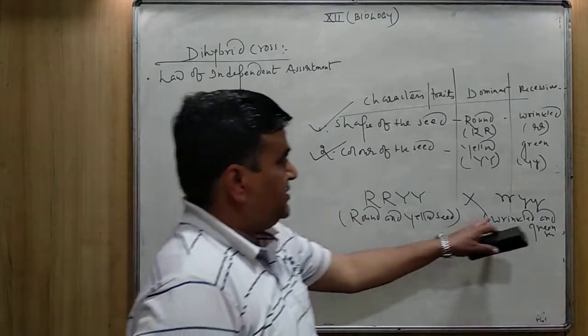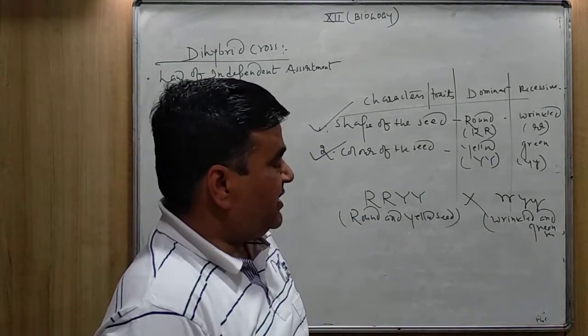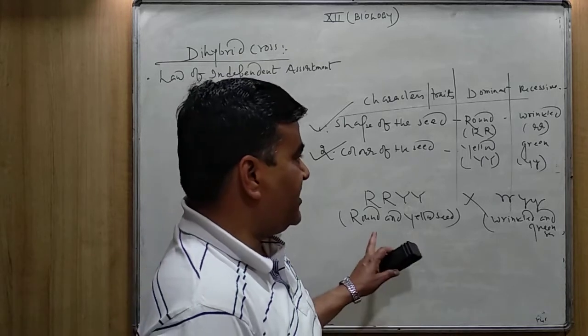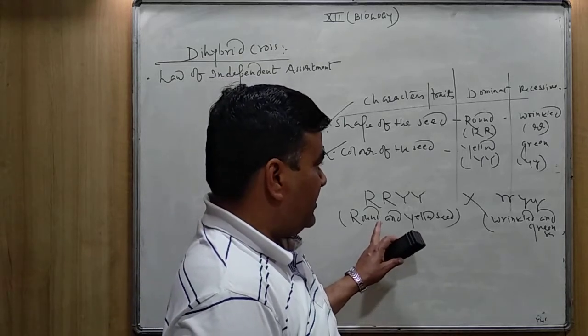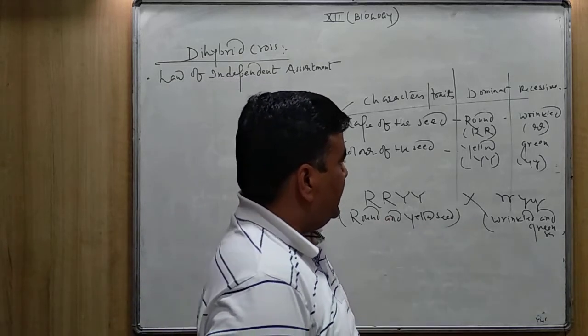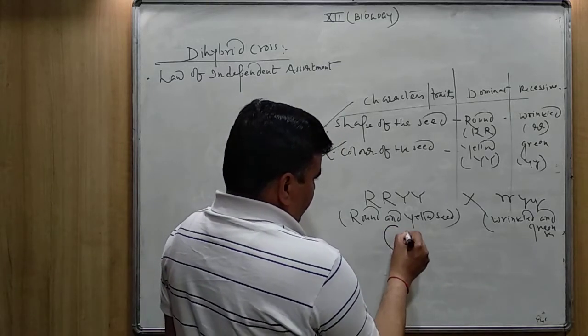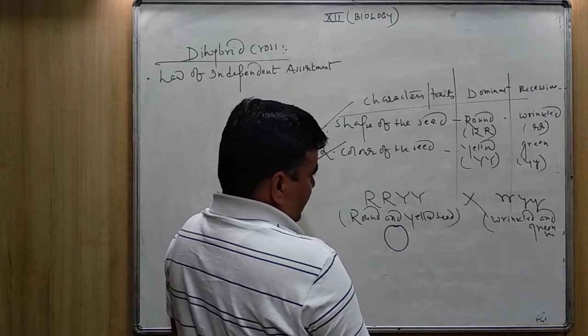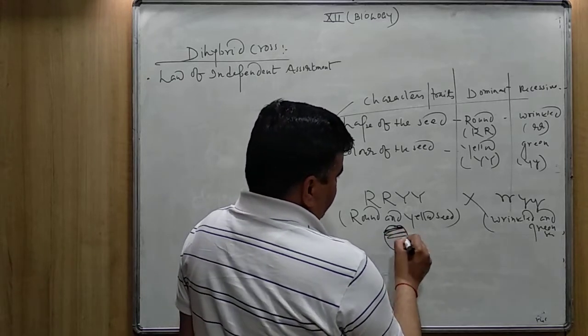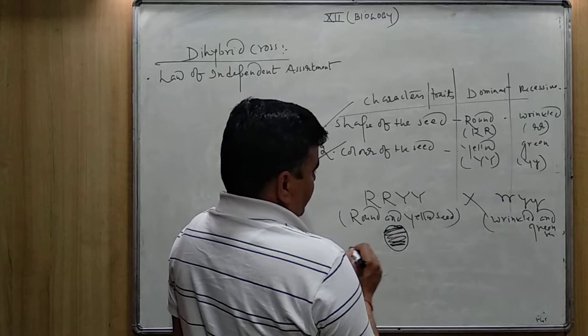So how many pea plants did Mendel take for the dihybrid cross? He selected two plants. In one plant, what was the shape of the seed? Round, but the color was yellow.